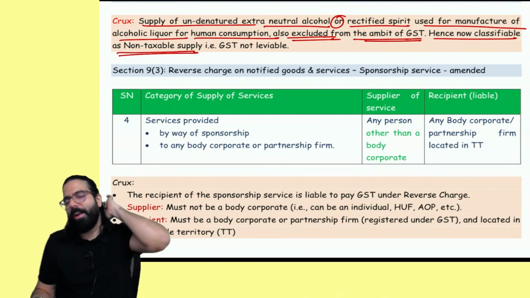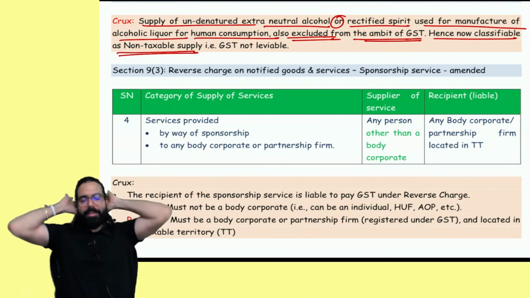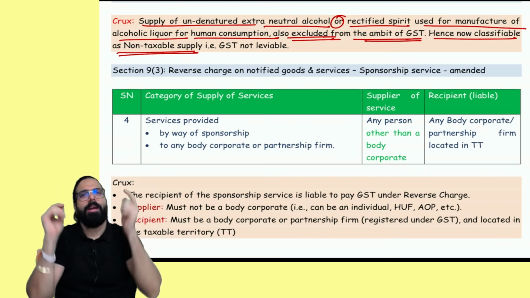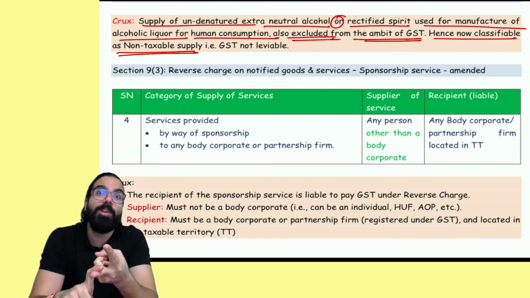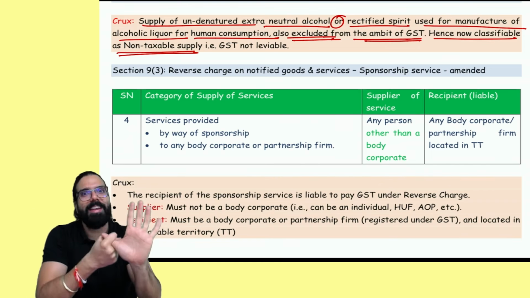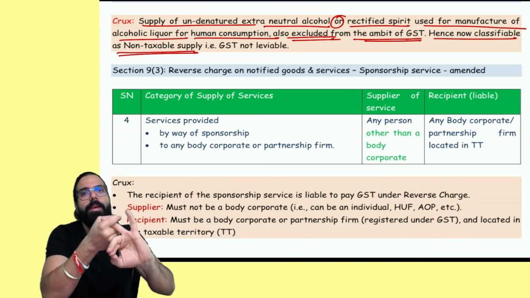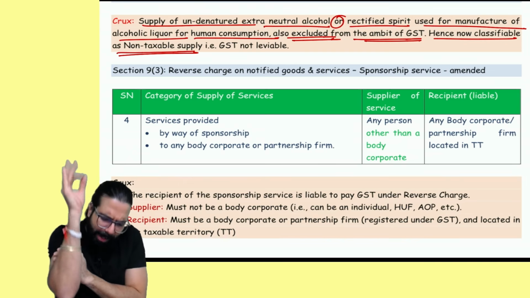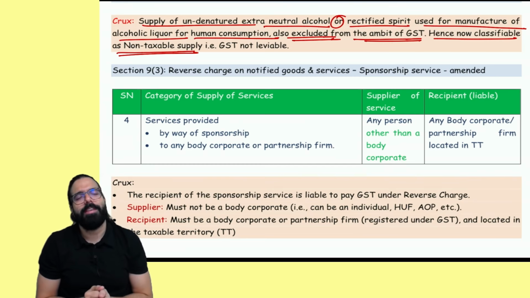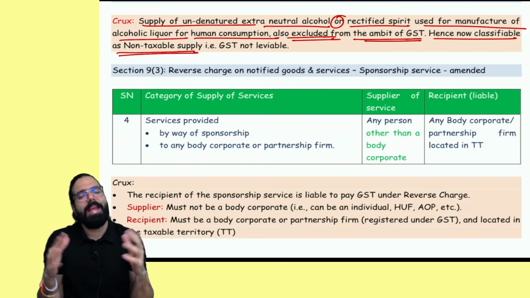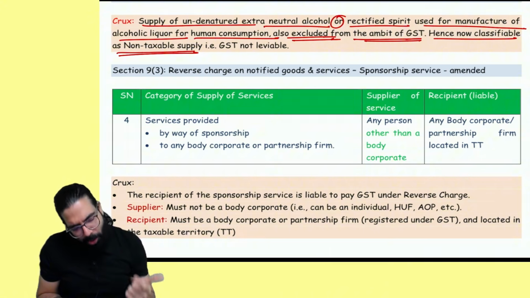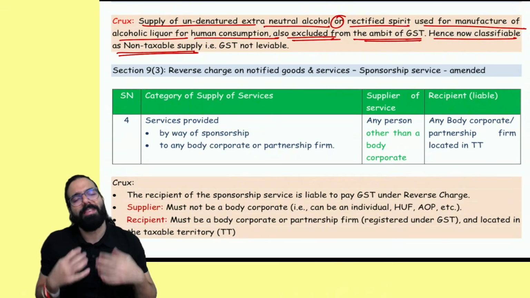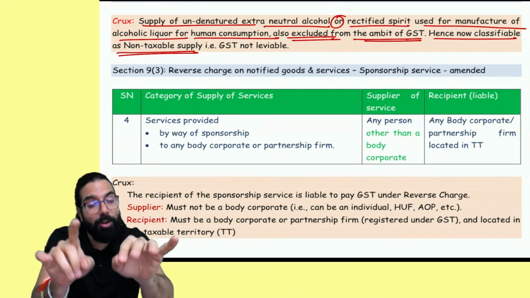I hope this point is clear. Now under non-taxable supply under GST, first thing, alcoholic liquor for human consumption was already there. HP man was already there. So HP man, high-speed diesel, petroleum crude, motor spirit, aviation turbine fuel and natural gas was already there. Now they have told, undenatured extra neutral alcohol or rectified spirit which I am supplying so that you will use it to make alcoholic liquor.